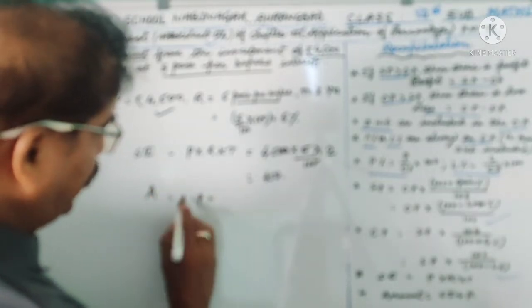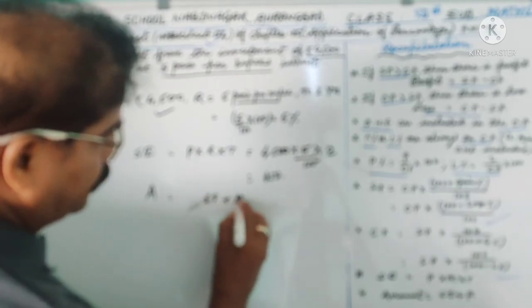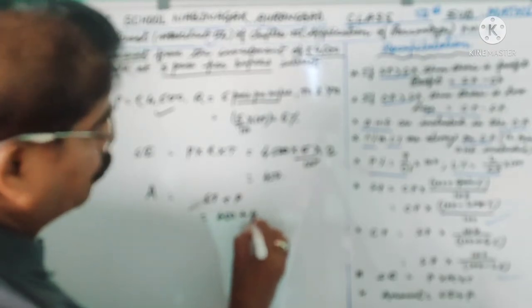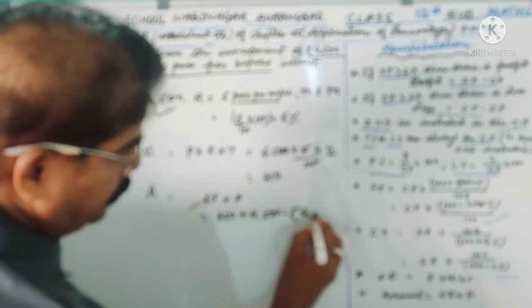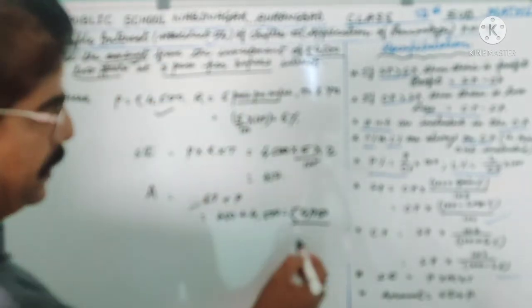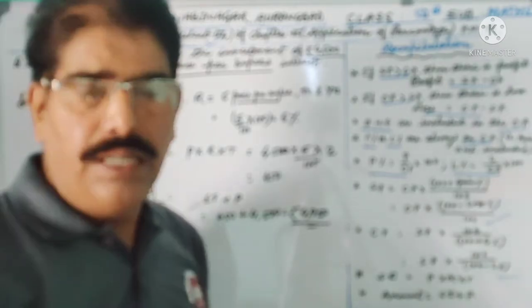So amount equals SI plus P, that is SI 450 plus P 4,500, so rupees 4,950. So the amount is 4,950 rupees.